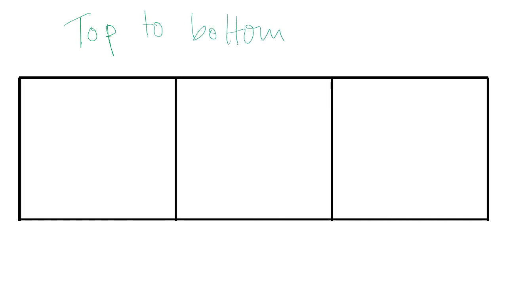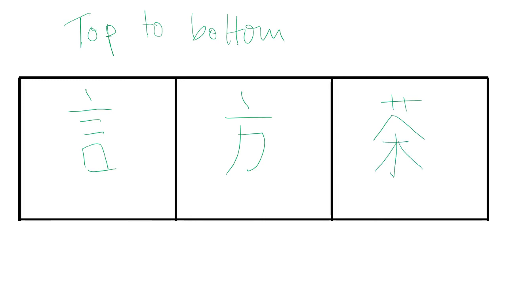So here we have some examples. For instance, this is the character for speech or to talk, and this is the character for square or direction, and this is the character for tea. The next rule is that characters are written from left to right.